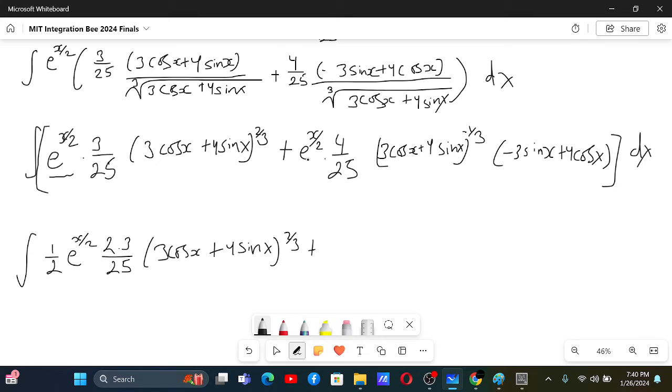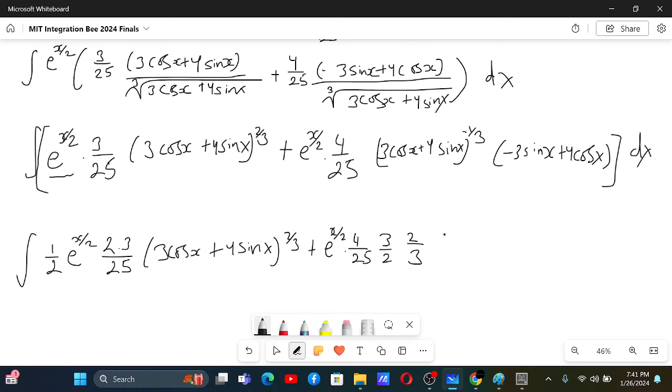Now over here we have e to the power x by 2 undifferentiated, and we have to differentiate this expression. So we have 4 by 25, and now we need 2 by 3 over here to make this the differentiated expression of the original. And if we introduce 2 by 3, we also need 3 by 2.